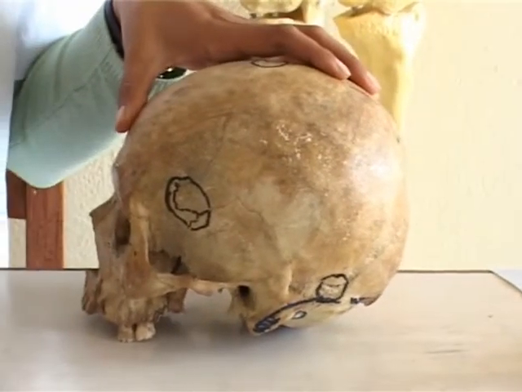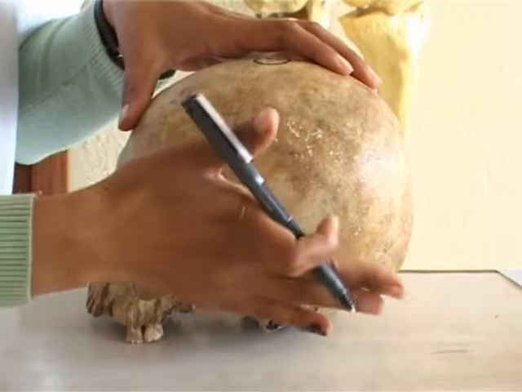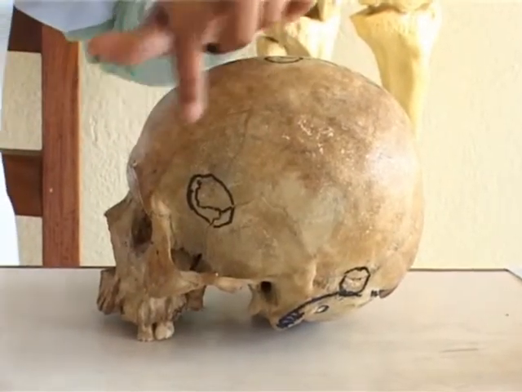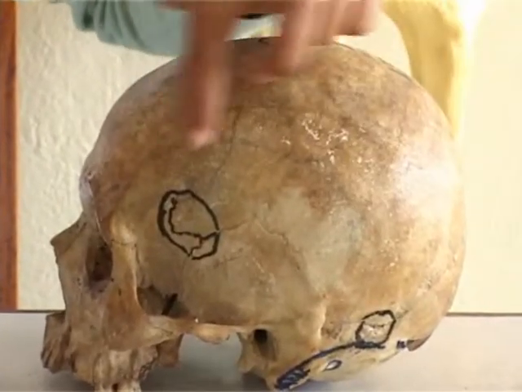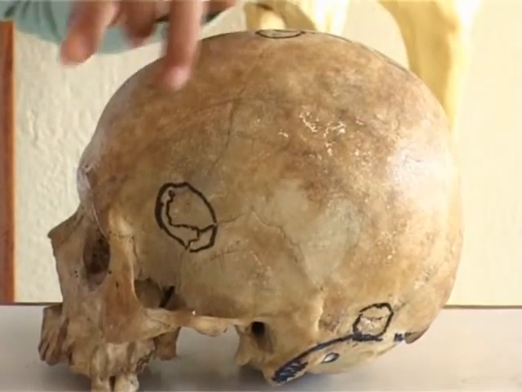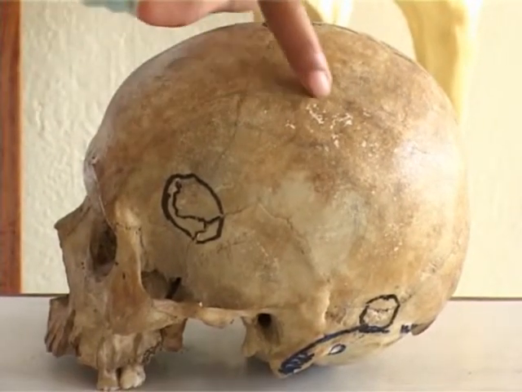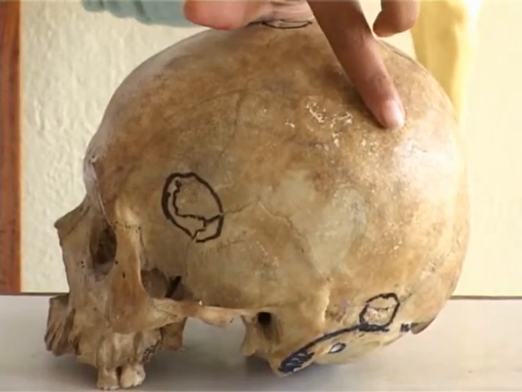Norma lateralis. This is the lateral view of the skull. It shows two temporal lines, superior and inferior. The superior line starts from the frontal bone, ascends on the parietal bone and fades away posteriorly.